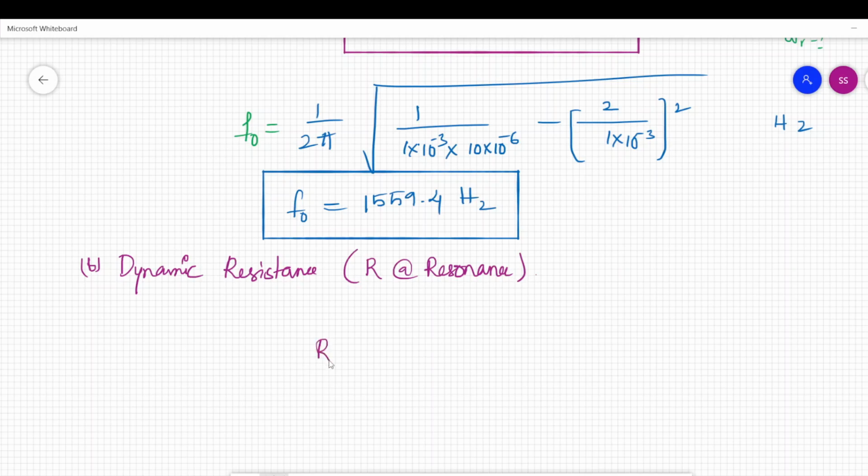RD equals R square plus (omega L) whole square by R.